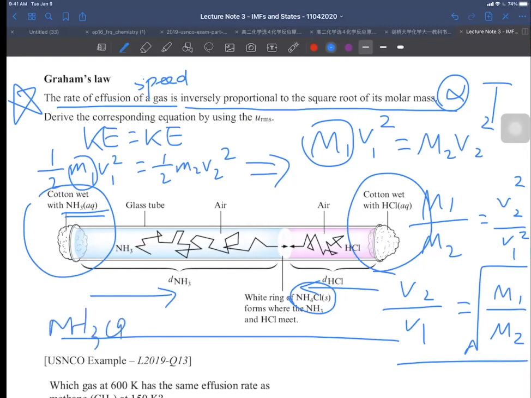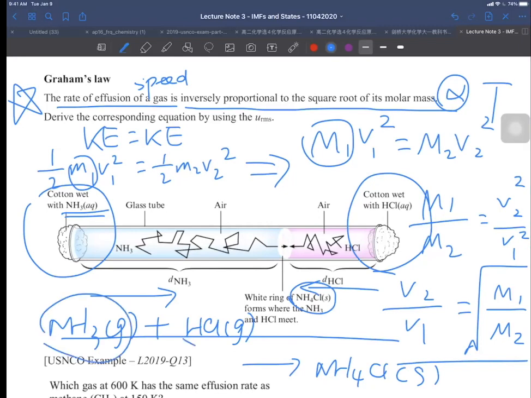This is acid-base neutralization. Make sense? These two are gases because they are molecules. The last one is a solid because it's ionic, right? It has an ionic bond. So this is why it is a solid. So what can we observe?